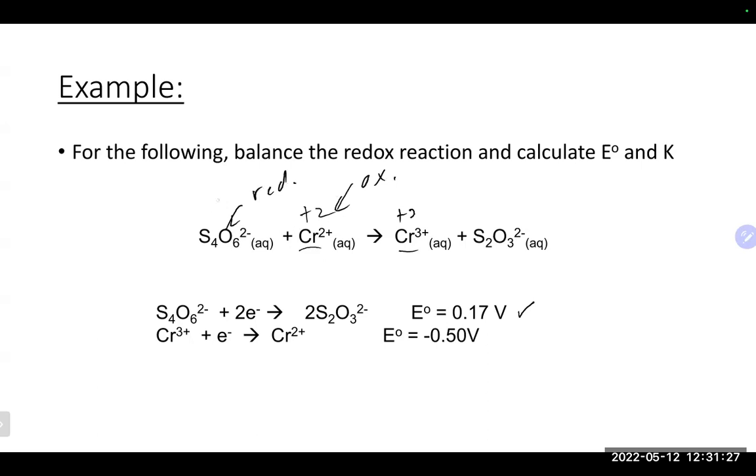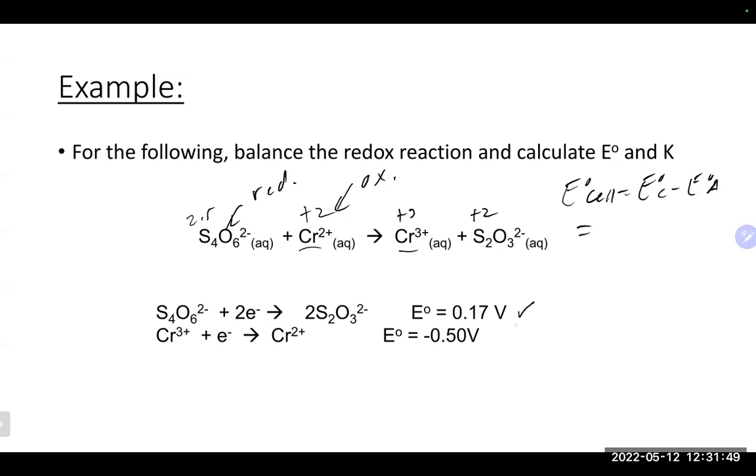You could also look at the sulfur there. It's like a 2.5 on that side, and it's like a +2 on that side. So it goes down a little bit there in terms of reduction. So we can calculate E of the cell pretty easily by just taking our cathode minus our anode.